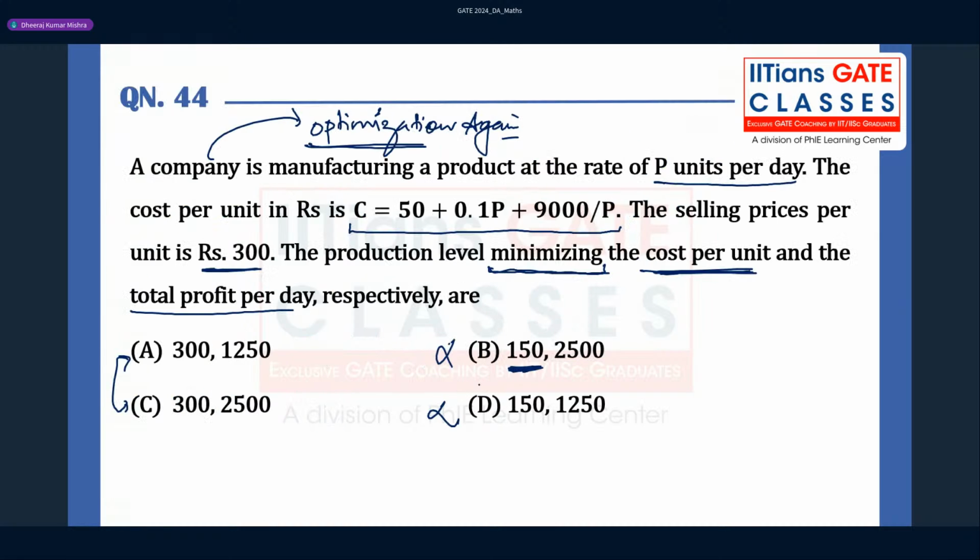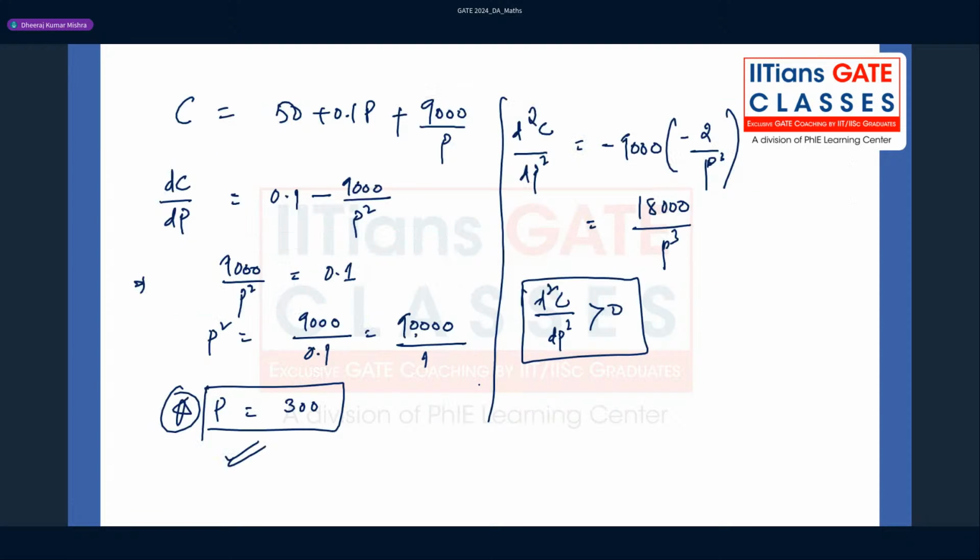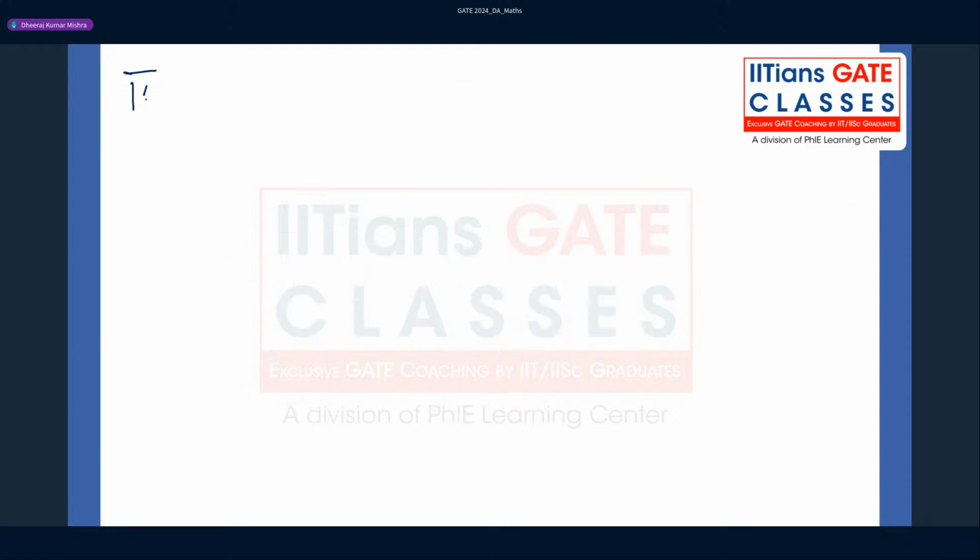Now let us try to compute the total profit per day. We have to find the total profit per day, right? So what is total profit here? Total profit is going to be equal to, selling price, which is 300 times p, minus, because as I told you, profit can be achieved when the selling price is larger than the cost price.